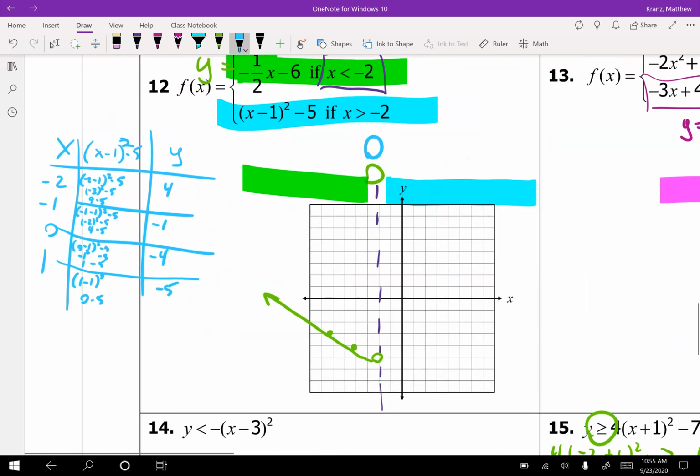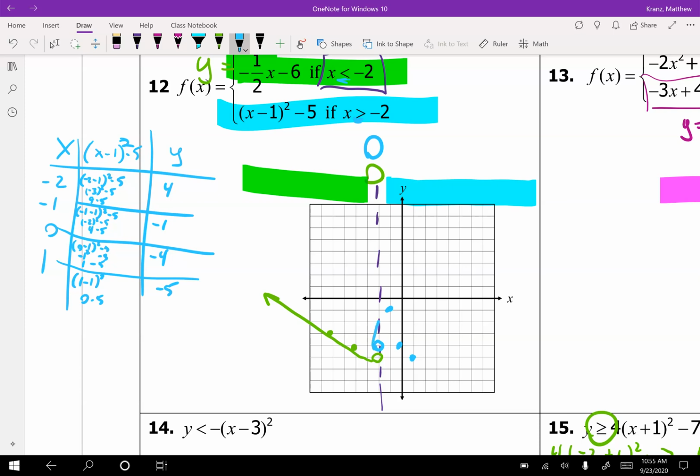So I am at negative 2, 4. On negative 2, 4, I have to have an open circle because I don't have anywhere where it has a line underneath. So I'm not allowed to do that. Then I have negative 1, 1. I have 0, negative 4. And then I have 1, negative 5, which is right there.